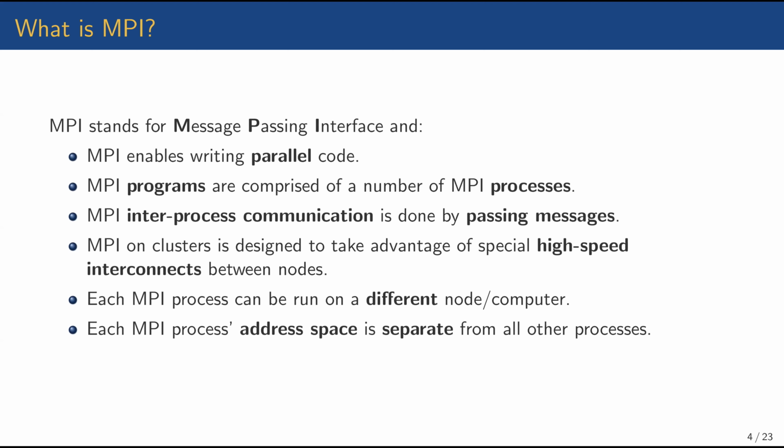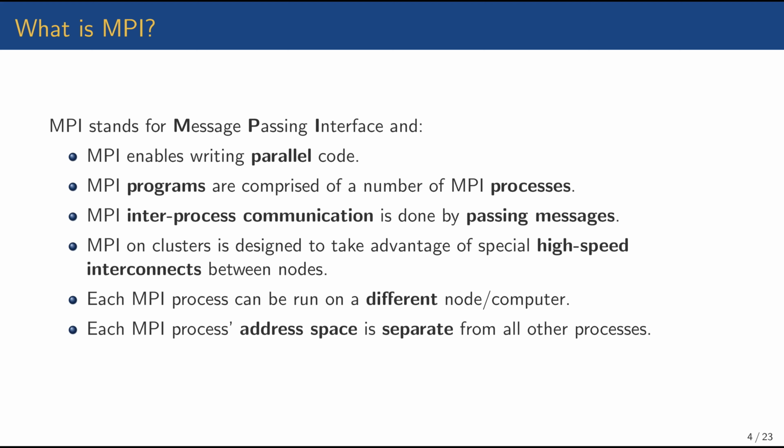The communication between them is done by passing messages back and forth. And what makes MPI very useful on any compute cluster is that it's designed to take advantage of the high-speed interconnects between each computer in the cluster.